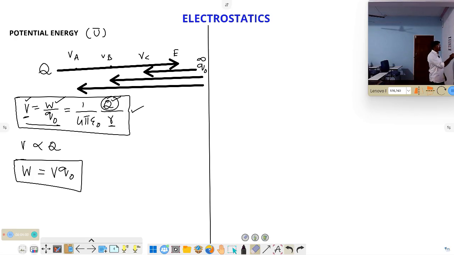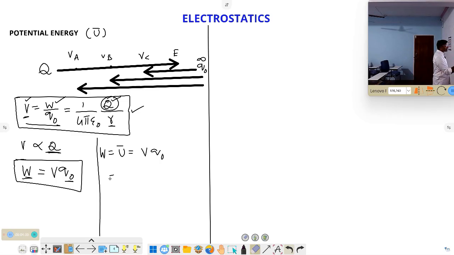The electric potential mainly depends on the source charge Q, and multiplied by the charge you take into consideration in the system, it gives the work done. This work done is stored in the form of energy, called potential energy, which we indicate with the letter U. U is equal to V into Q naught.